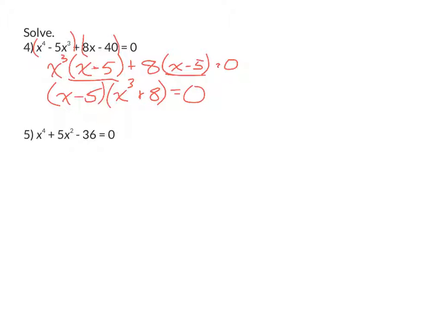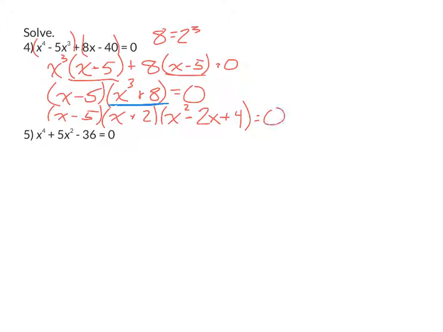So the issue here is x cubed plus 8, that's a perfect cube plus another perfect cube. So I can factor this again. And this becomes, so 8 is the same as 2 cubed. So I have x plus 2 times x squared minus 2x plus 4 still equals 0.